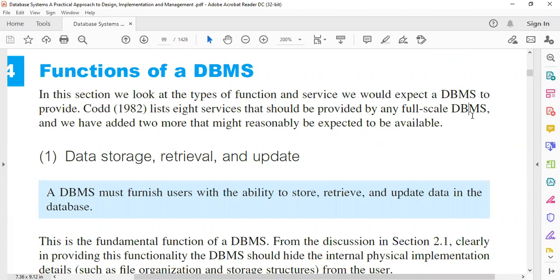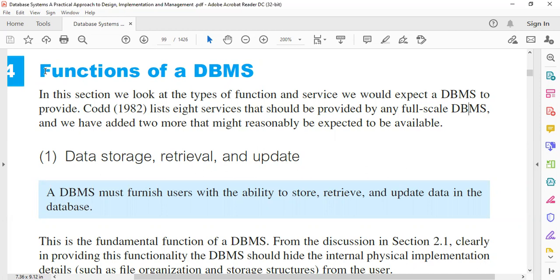I want to start this lesson. In today's lesson, I'll be taking you through the functions of DBMS. In the previous lesson, we saw the various components of a DBMS environment, and apart from that, we looked at the role played by the various players in the DBMS environment.